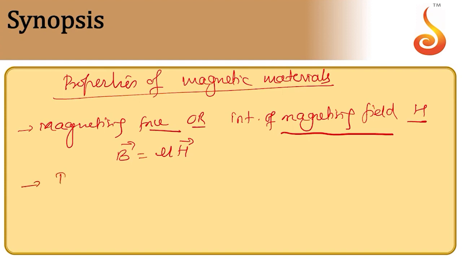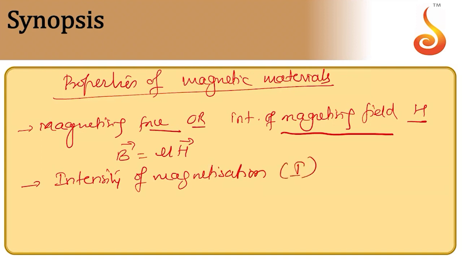Intensity of magnetization, represented by I. You know, when a magnetic material is placed in a magnetic field, it gets magnetized and it acquires certain magnetic dipole moment.